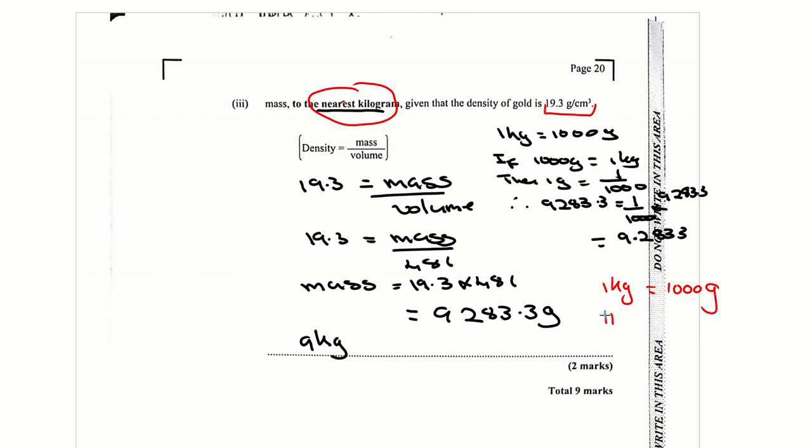So if I want to know the number of kgs, it would be the total divided by 1 kg in grams. So 9,283.3 divided by 1,000. Shift 1, 2, 3, so the answer would be 9.2833. But they said to the nearest kilogram, so it would be 9 kgs. And that is your answer for this question. Do we understand this, guys?